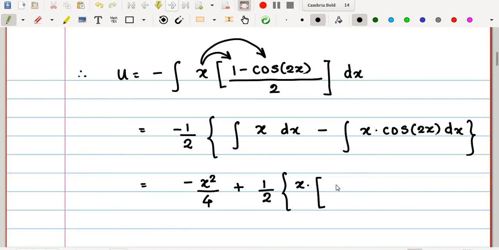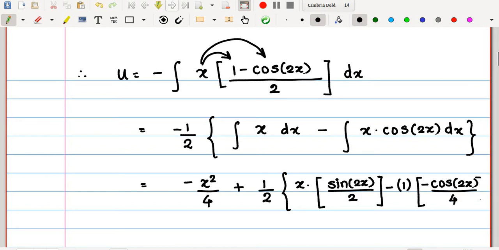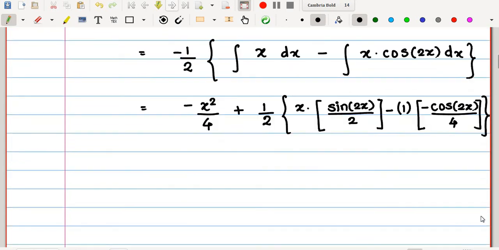So integration of cos 2x is sin 2x upon 2, minus derivative of first function into integration of second. So integration of sin 2x will be minus cos 2x upon 2 into 2. Next term, the derivative of 1 will be 0. So this will be the last term in the integration by parts formula.